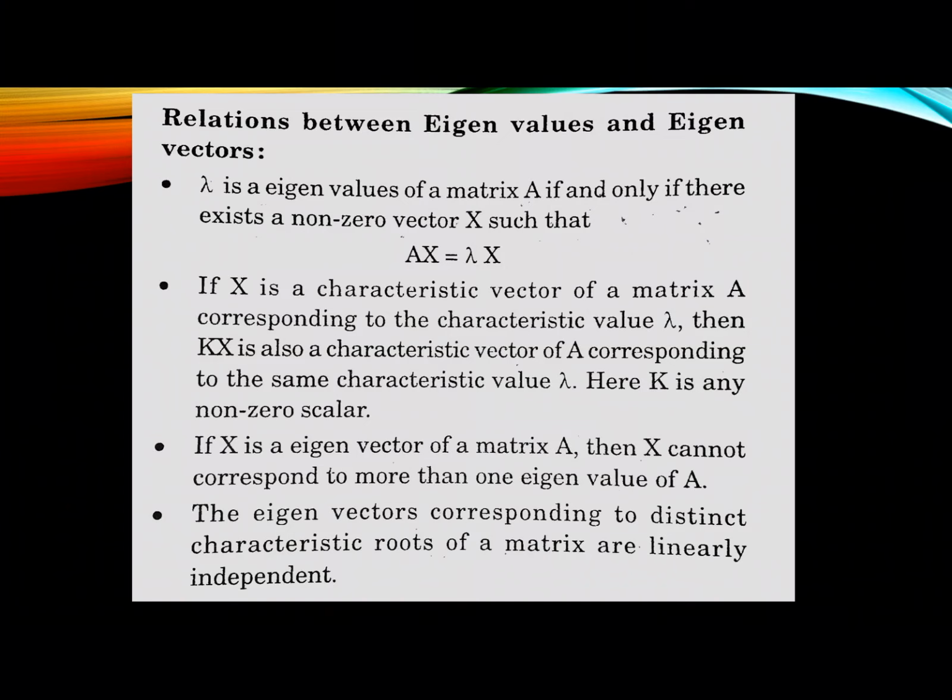If x is an eigenvector of a matrix A, then x cannot correspond to more than one eigenvalue of A. So that is also an important thing.